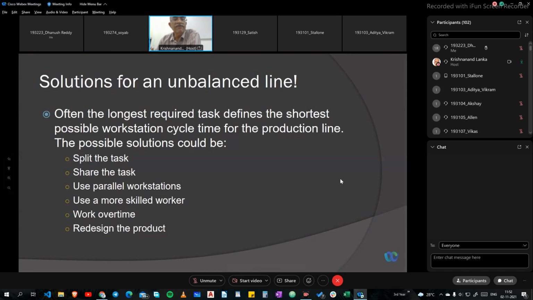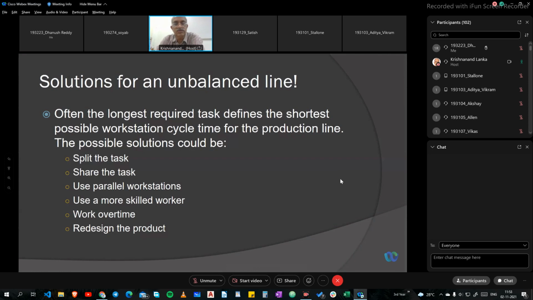So what do we have to do? The possible solutions would be: split the task, share the task, use parallel workstations, use a more skilled worker, work overtime, or redesign the product.